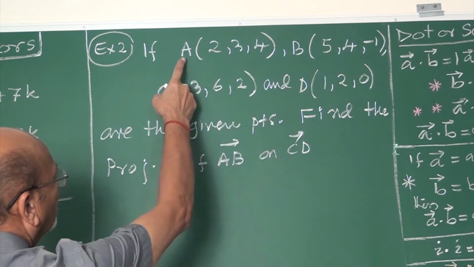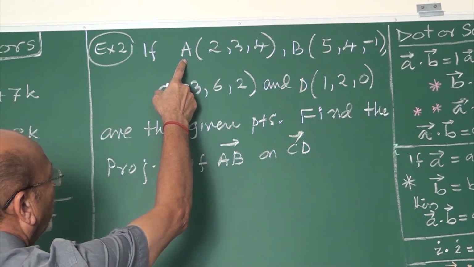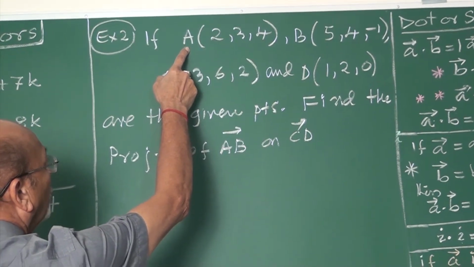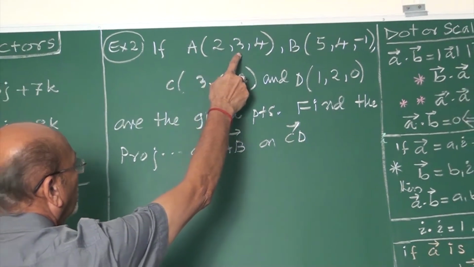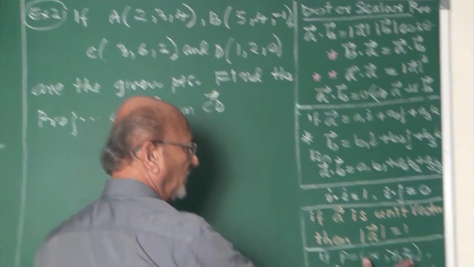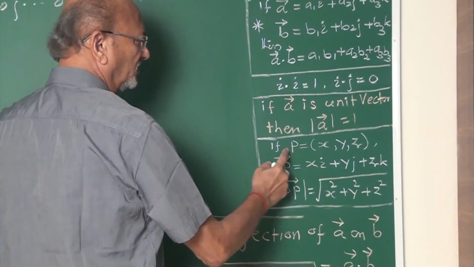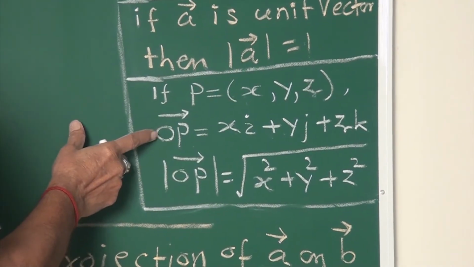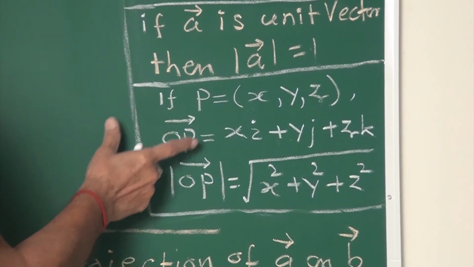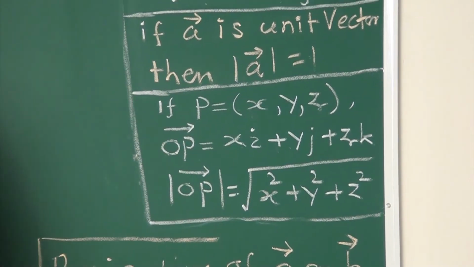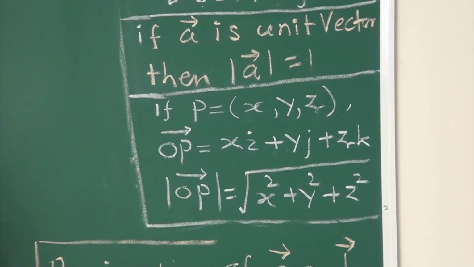For that, you write, taking O as the origin of reference, position vector of the point A, OA, 2i plus 3j plus 4k. You have to make use of this, my friends. P(x, y, z) is a point, then the position vector of the point P is what? These coordinates are multiplied by the unit vectors i, j, k, and added. Yes, my friends.